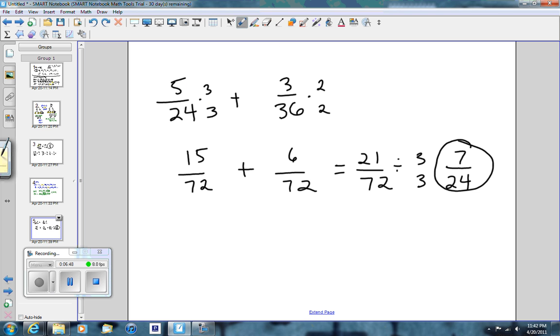Worst case scenario, and I would pity the person that had to do this, you can, in an emergency, take this denominator and multiply it by this number, and you will get a common denominator that can be used for both fractions.